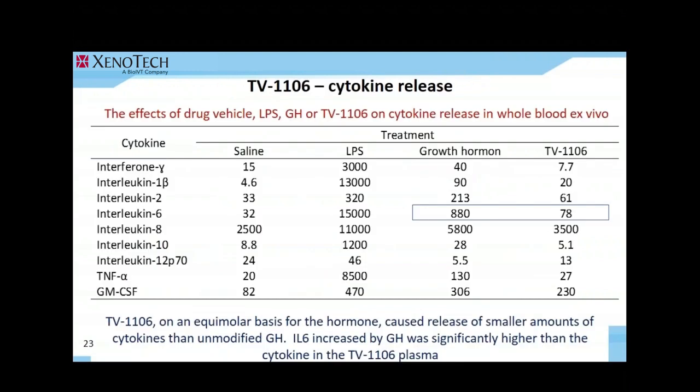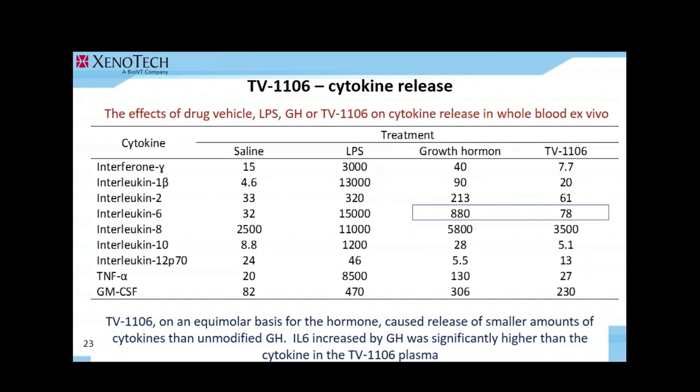According to our experimental design, we incubated blood with the controls, which is saline and LPS, as well as unmodified growth hormone and the test article, TV1106. LPS plasma contained higher level of all cytokines tested as compared to saline plasma, as expected.